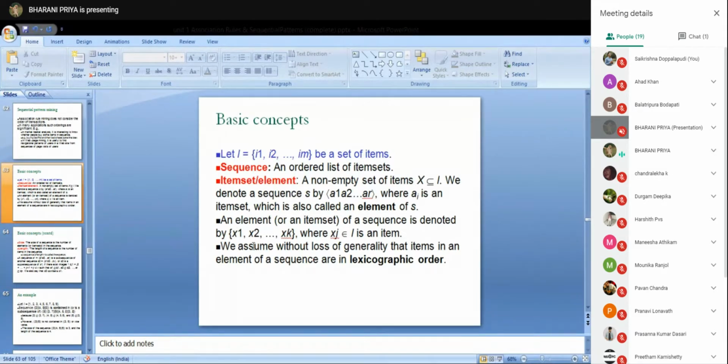An element of a sequence is denoted by x1, x2. Again, an item set consists of items. A sequence consists of item sets. Simple thing. Item sets consist of items, and a sequence consists of item sets. And the elements in the sequence are in lexicographical order.